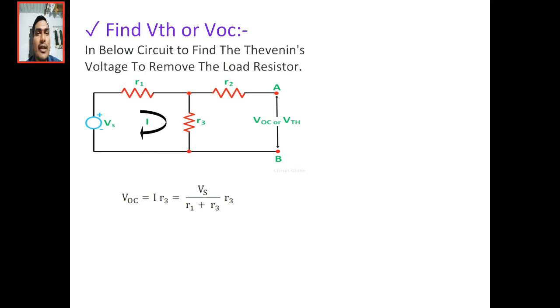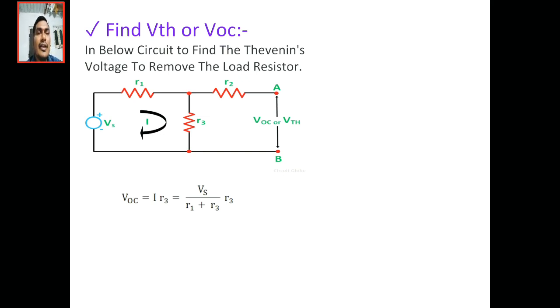How to find the total current? Here R2 is inactive, because at the end of R2 it is open circuit. So R2 is considered inactive. R1 and R3 are in series, so we can find the current flowing through R1 and R3, that is I equals Vs by R1 plus R3.